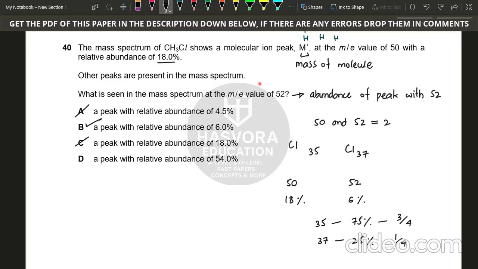But in the case that 18% was of the 52, or the isotope with the 37, then the peak with mass to charge ratio of 50 would be 54. So this is not correct. So this means that B is our correct answer.